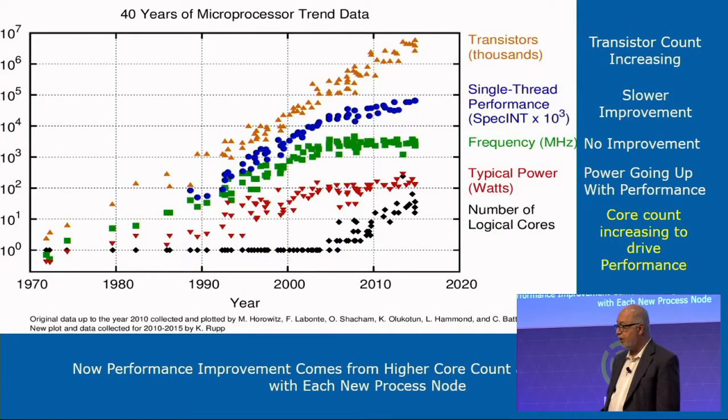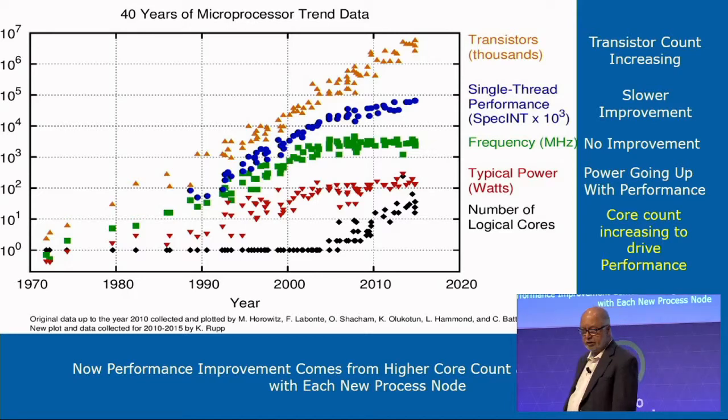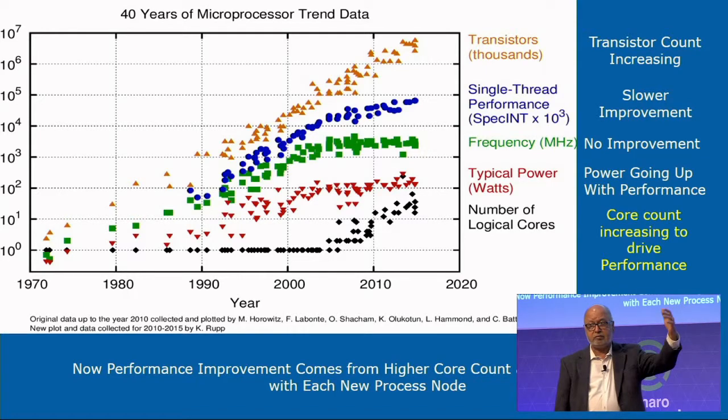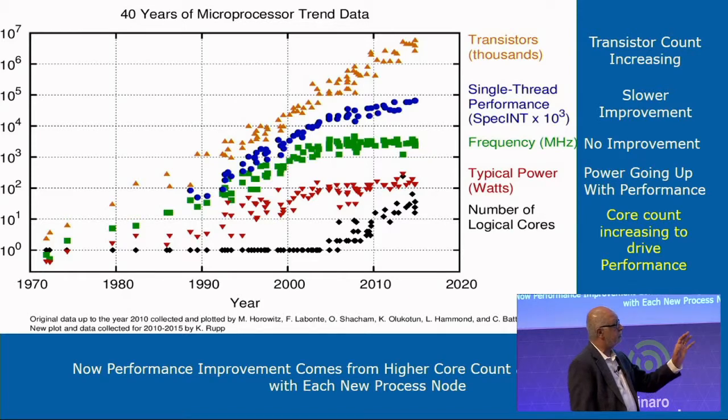Here's a plot that somebody at Stanford University put together. On top, it shows the transistor count increasing, doubling every 2 years. Single-thread performance, the blue part, started to tail off in the 2005-06 timeframe.